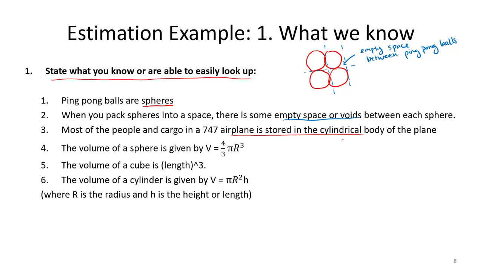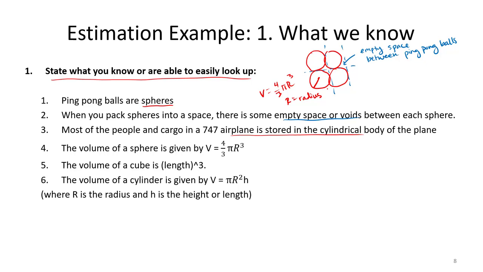Also, from geometry class, you may remember some equations for volumes. We know, for example, volume of a sphere is 4/3 pi r cubed, where r is the radius of that sphere. And of course, pi is approximately 3.14.